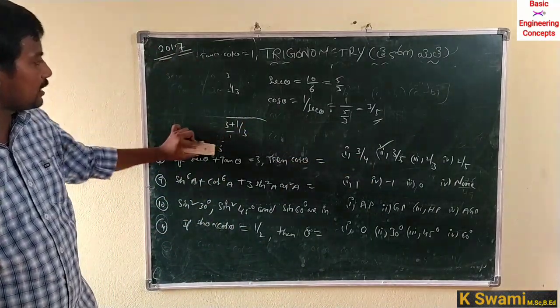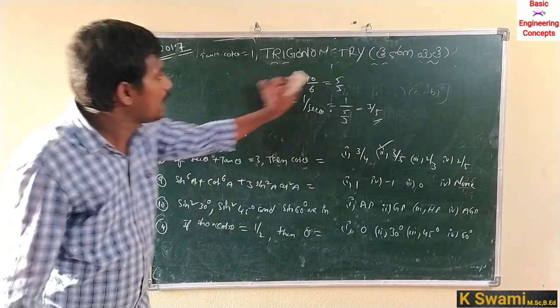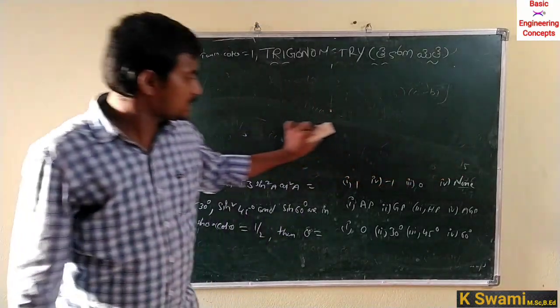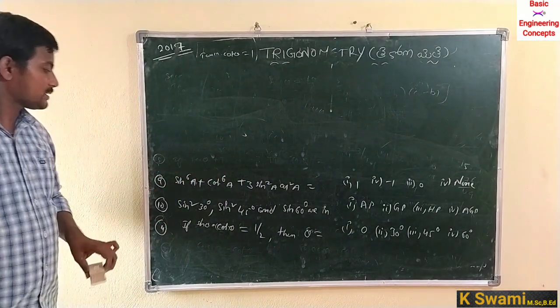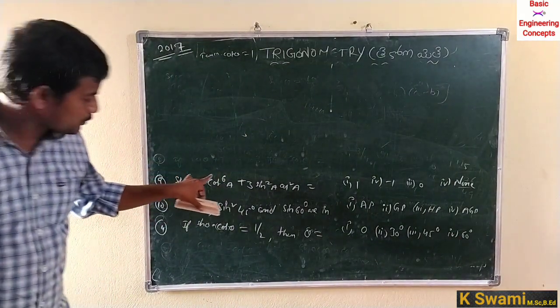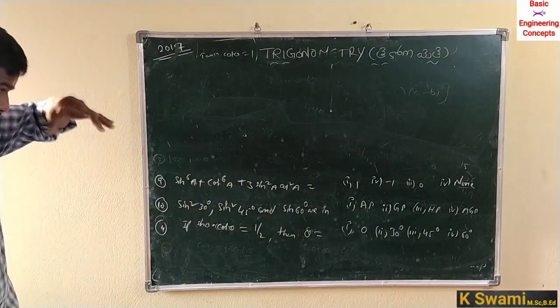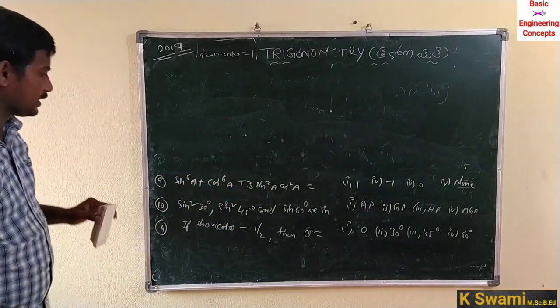And another question in 2017 from trigonometry: sin power 6 a plus cos power 6 a plus 3 into sin square a into cos square a.